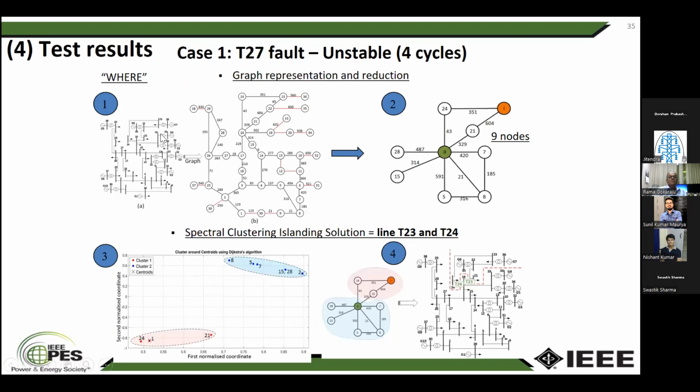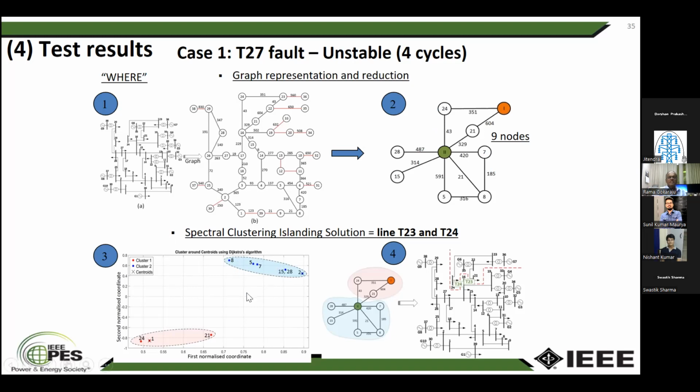So where to island? This is the original graph representation of it. Then the graph reduction, based on the simulation, implementing that code online, and then the spectral clustering, right? The system separating into two regions.